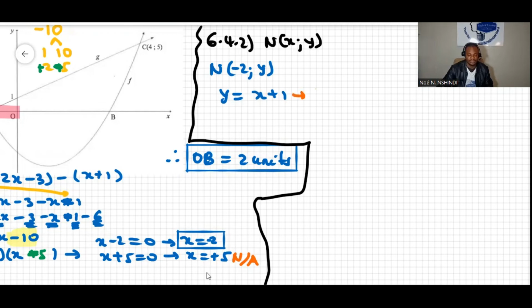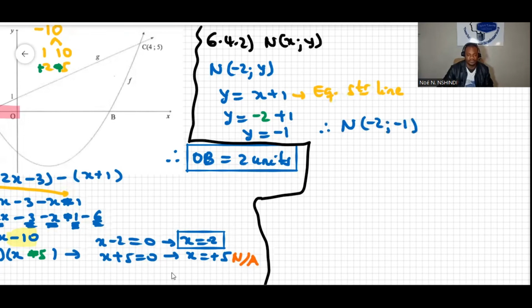Okay, and then we sub in negative 2 instead of x, and then y will be equal to negative 2 plus 1. This is just negative 1. Therefore, the point N is negative 2, negative 1. So we got N.